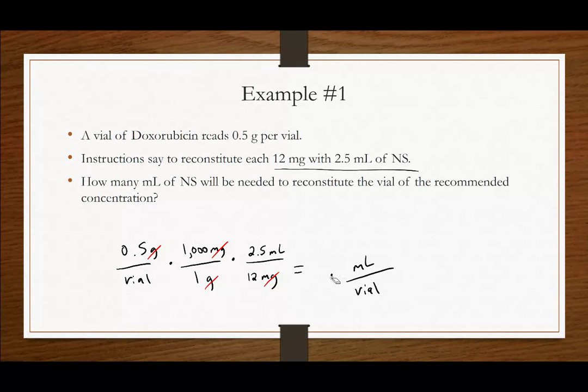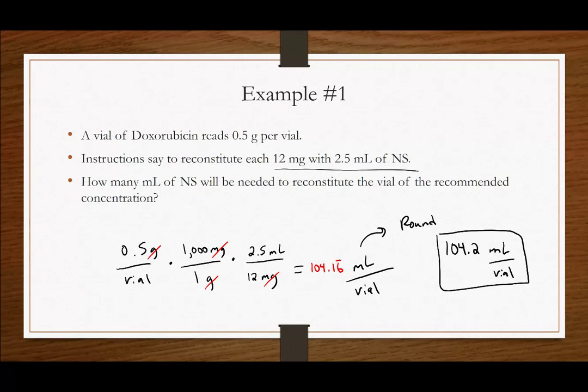Through the computation, we should get 104.16 repeating milliliters per vial. So as per usual, we have something here that we need to round, in this case to the nearest tenth. So we'll have 104.2 milliliters needed per vial to do the proper reconstitution and obtain the correct concentration.